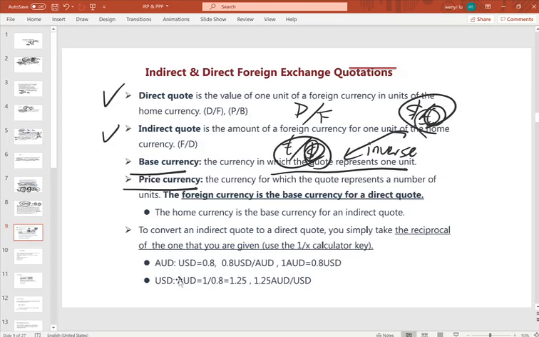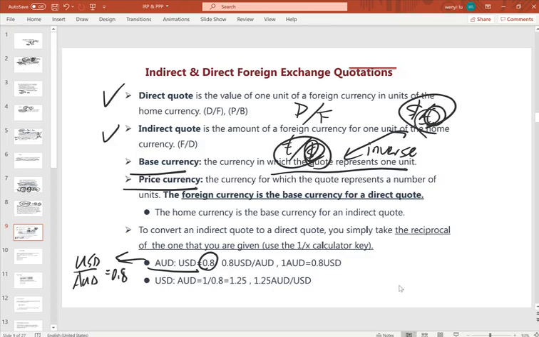You can see here, AUD to USD equals 0.8. Be careful. This is how we see it on the Bloomberg website. So this actually means $1 Australian equals how many US dollars?